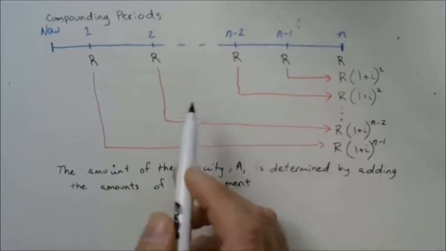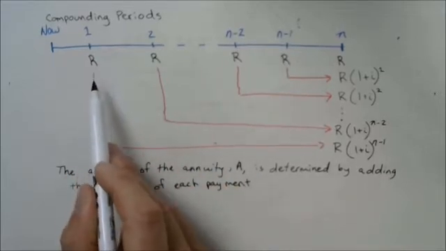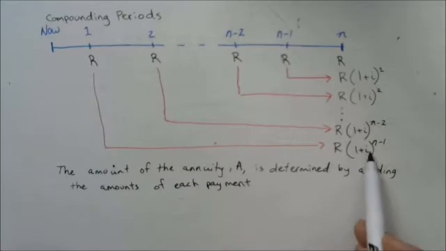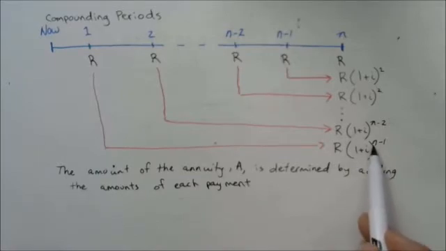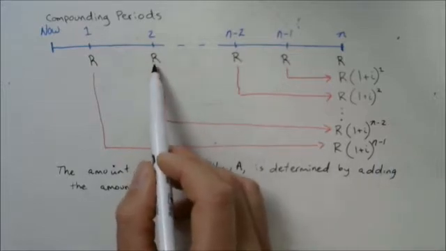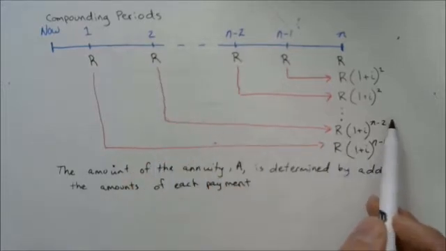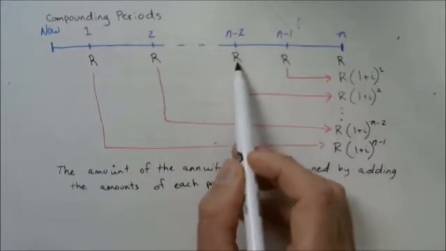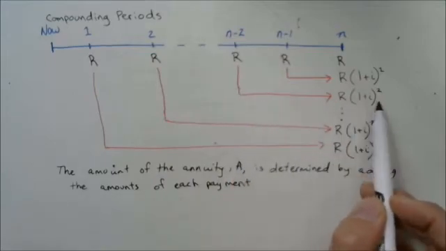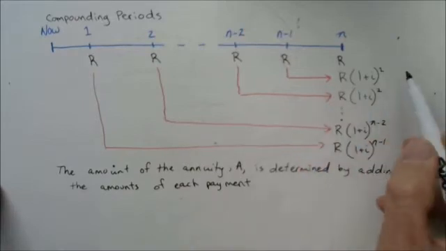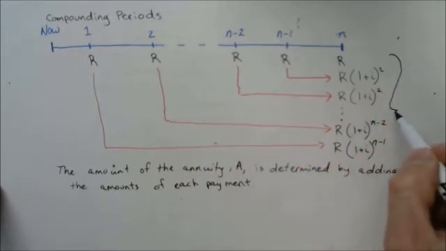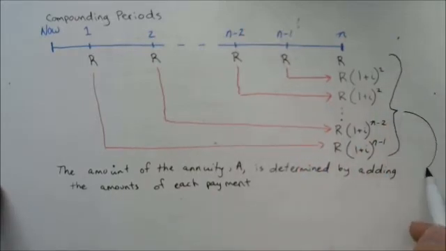So again, all you're putting in is R, but this R is going to turn into R times 1 plus your interest rate to the power of the number of compound periods minus 1. This regular payment is going to have 1 less, right? So you understand what's happening. So we're just going to add up all of these values in order to get the amount of the annuity.